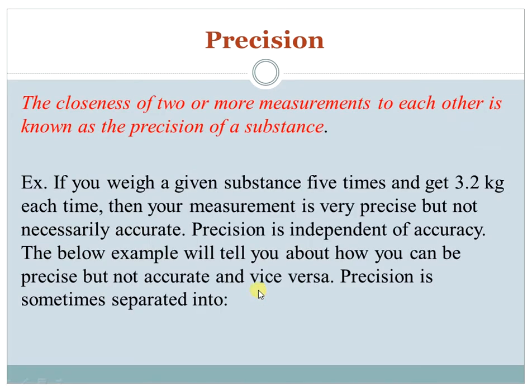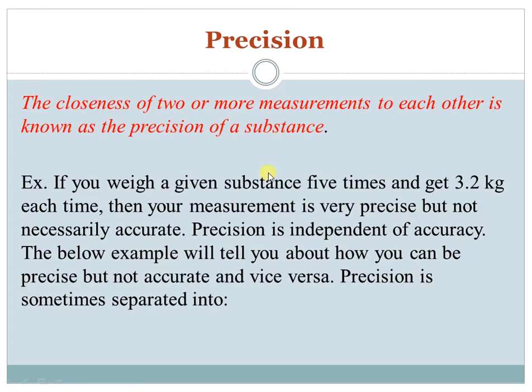Now, along with accuracy, we should also know the precision part. So what exactly does precision mean? The closeness of two or more measuring readings, or measurements, to each other is known as the precision of a reading.